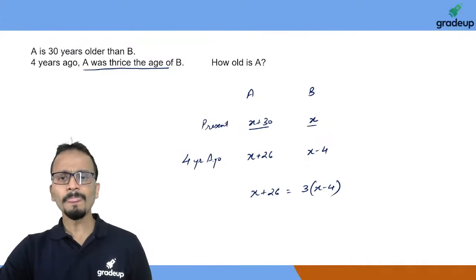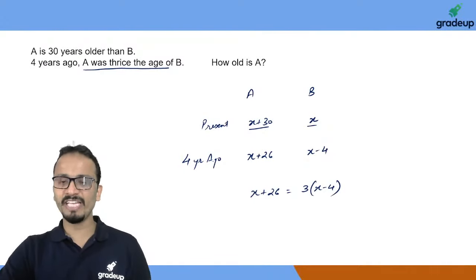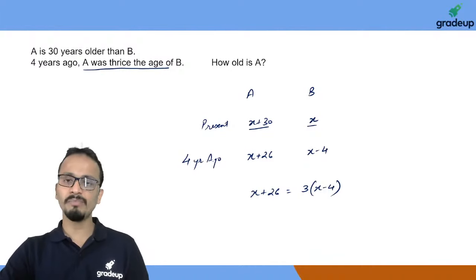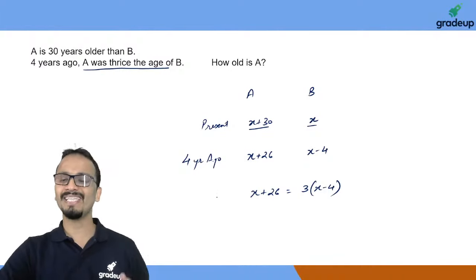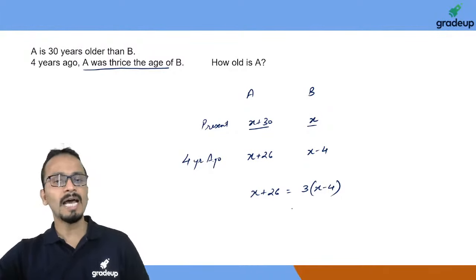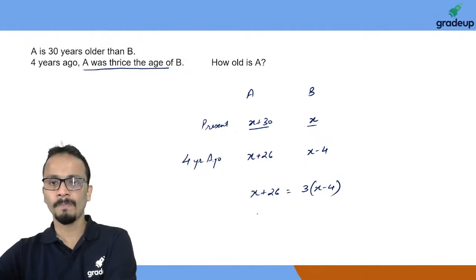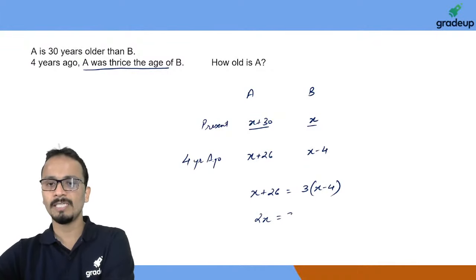Now you have only one variable here. You may take the variable on one side, and the constants on the other side, and get the value of X. So I can write it as 2X is equal to 26 plus 12, that is 38. So the value of X will be equal to 19.